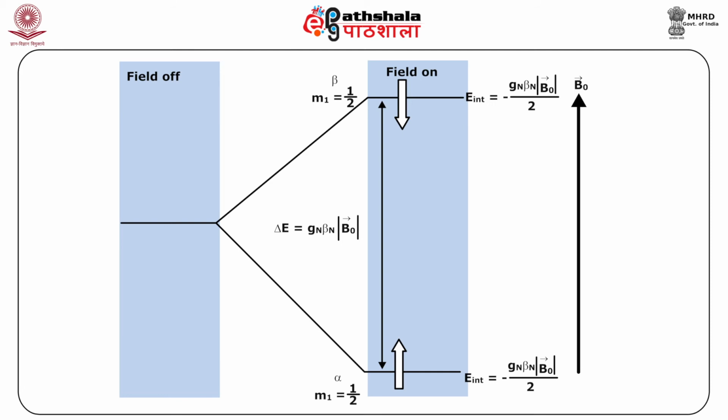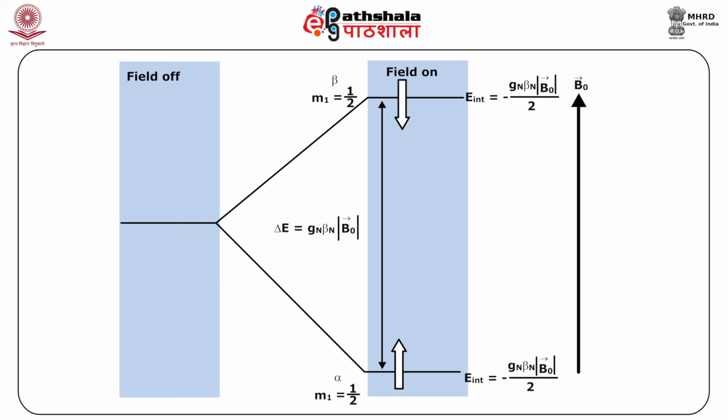As with compass needles in the Earth's magnetic field, the more favorable energy state is the one corresponding to alignment with the field. Since the interaction energy is negative for this state, the energy difference between the states, delta E, is found to be proportional to the strength of the applied field B naught at the nucleus. Actually, delta E is equal to gn beta n B naught. As you can see, since mI is equal to plus half or minus half, the difference is equal to 1.